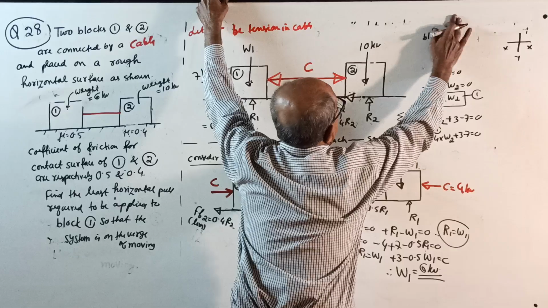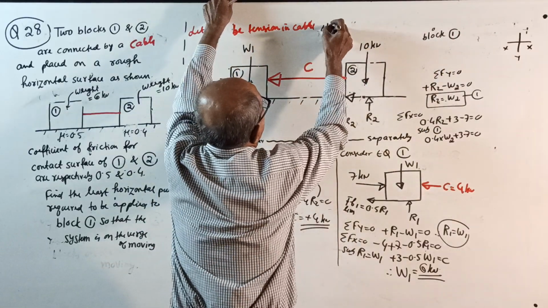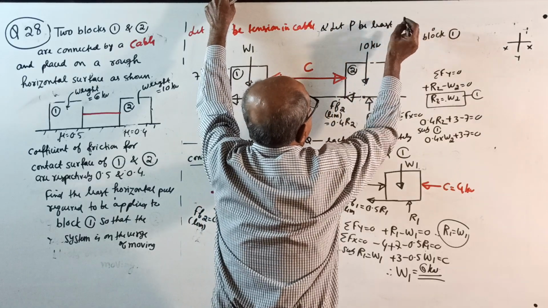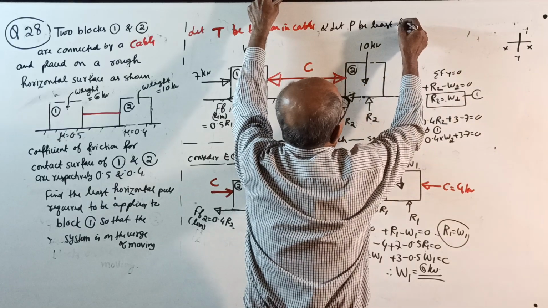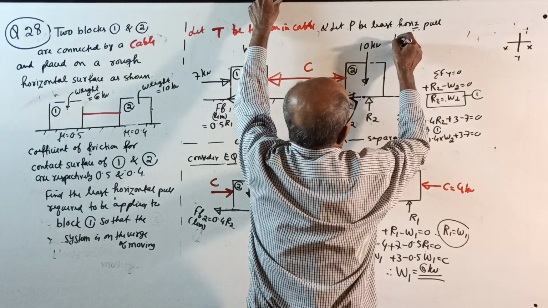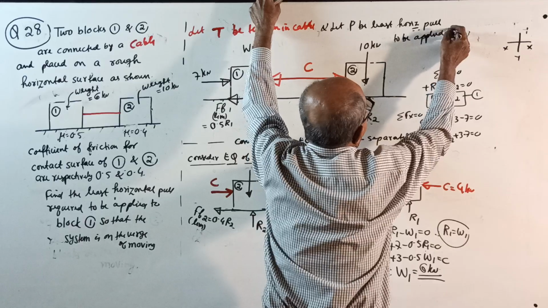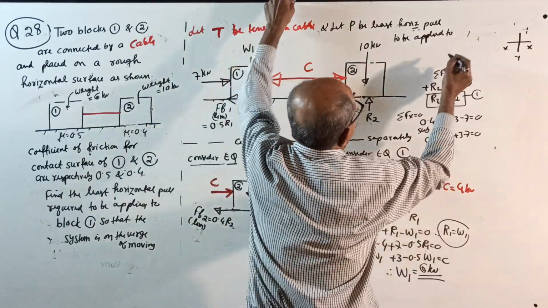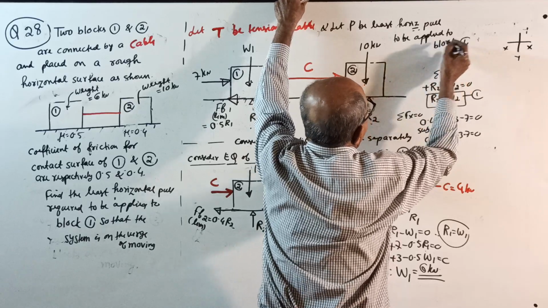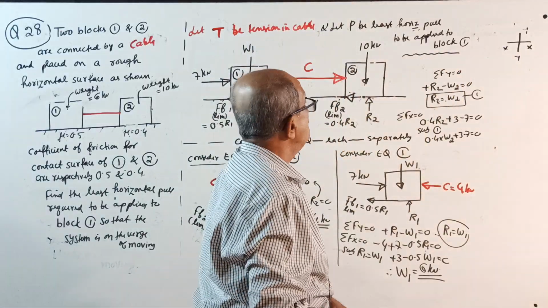And let P be the least horizontal pull to be applied to which one? Block 1, to block 1 right here, so that the system is on the verge of moving. You write all this.